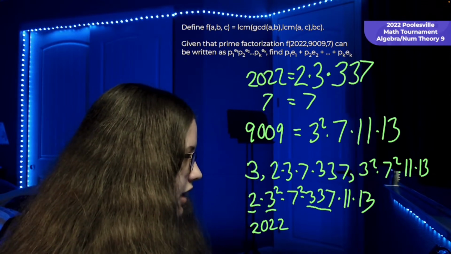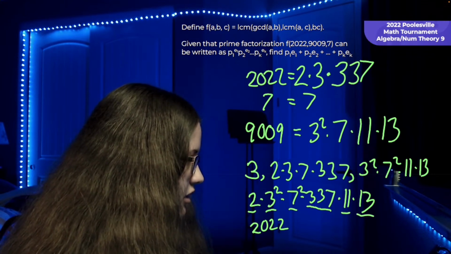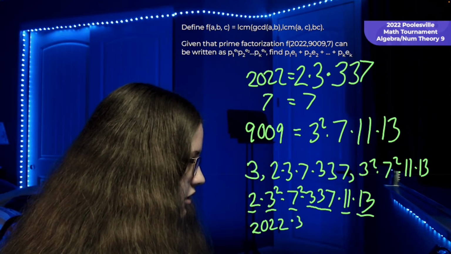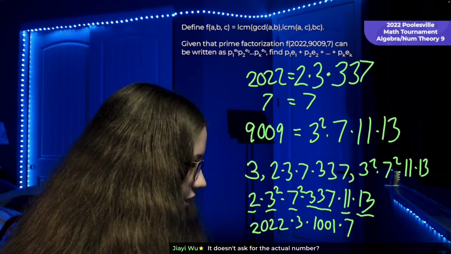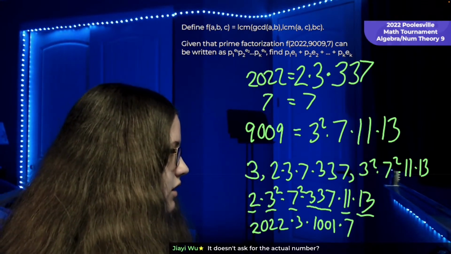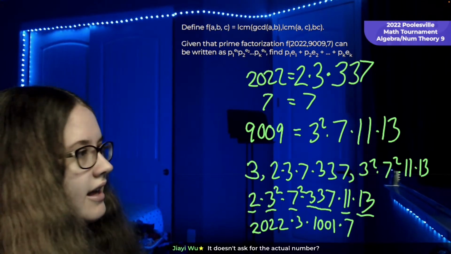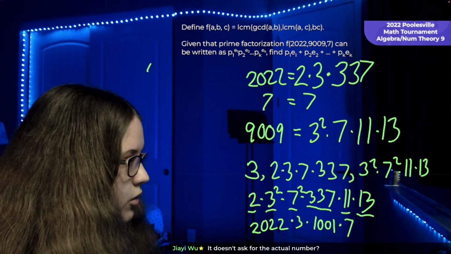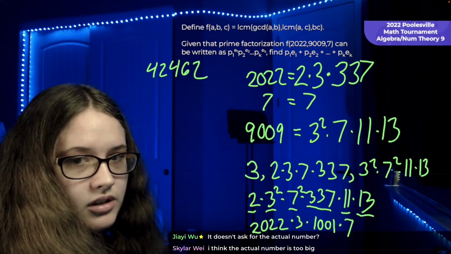And we know that if we take that 3, multiply it by a 7, an 11, and a 13, we'll get 3 times 1001 times 7. So 21 times 2022 is 42462.